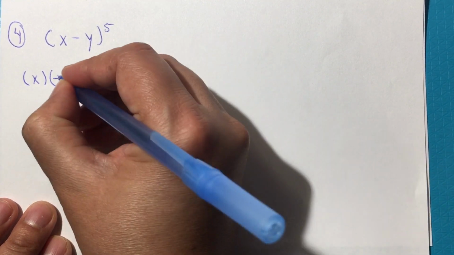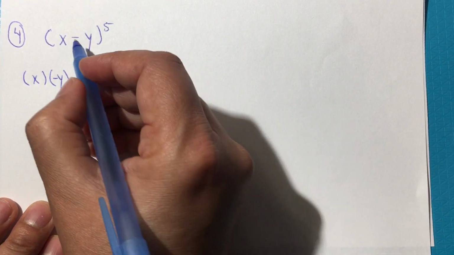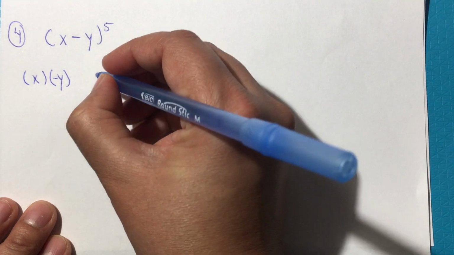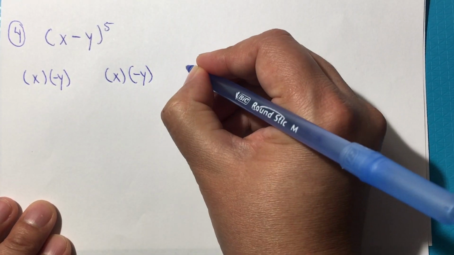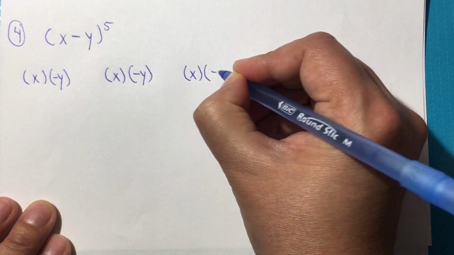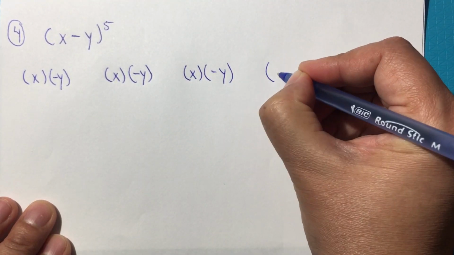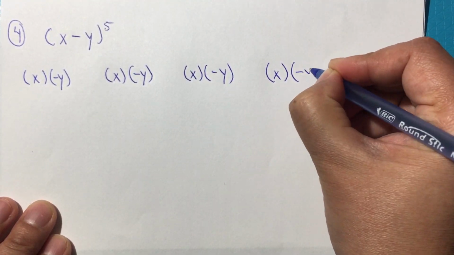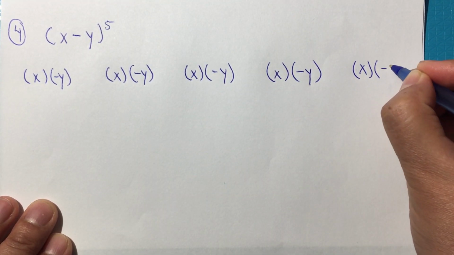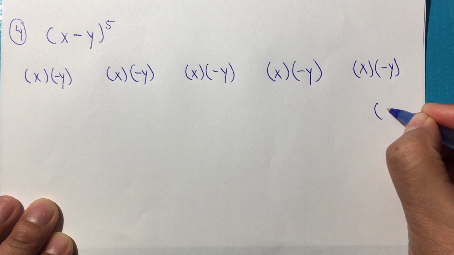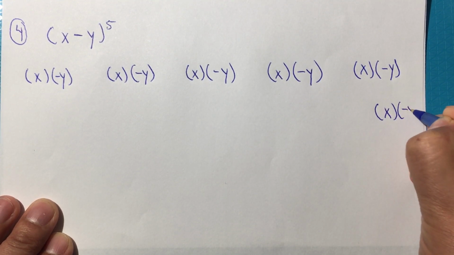And now we have a negative for the second term. Okay, we need to include that in there. So x times negative y, x times negative y, x times negative y, x times negative y, and x times negative y.